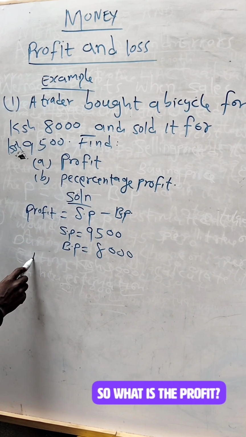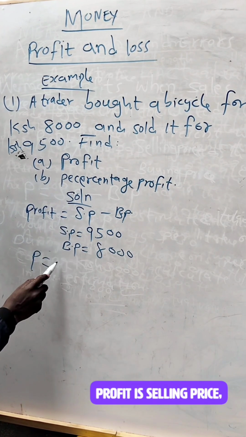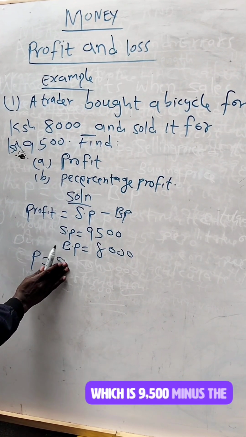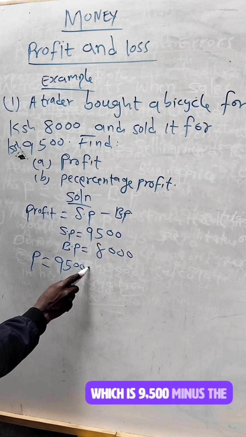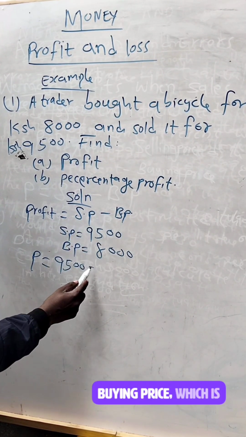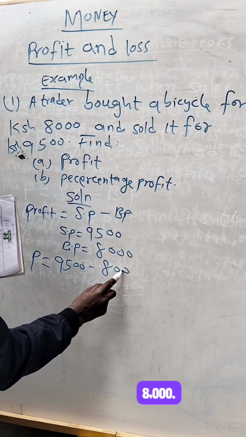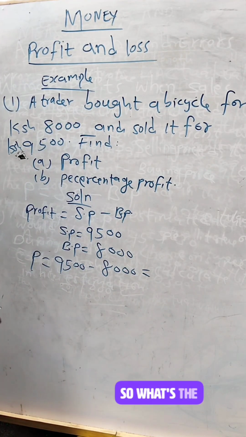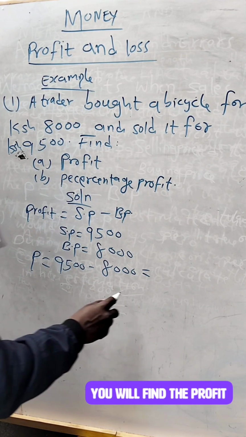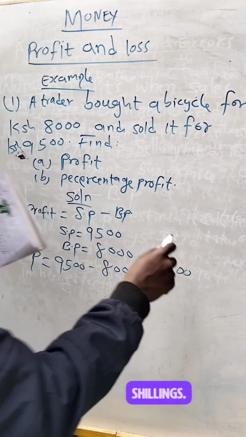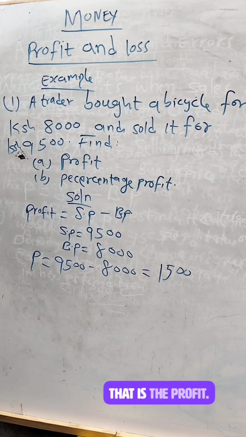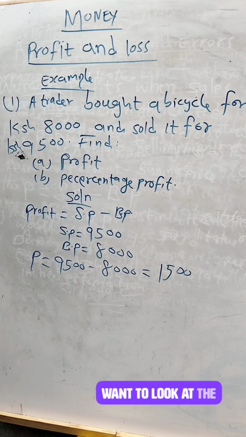So what is the profit? Profit is selling price, which is 9,500, minus the buying price, which is 8,000. What's the difference? You will find the profit is 1,500 Kenya shillings. That is the profit. Now we want to look at the percentage profit.